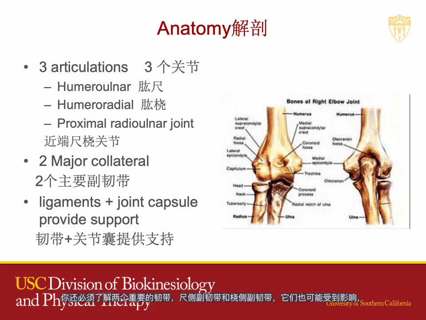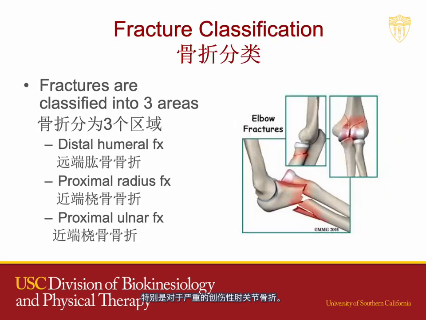You also have to recognize that there are two important ligaments, the medial collateral and the lateral collateral ligaments, that can also be affected, especially with significantly traumatic elbow fractures. So basically, the fractures are going to be classified in three different areas.